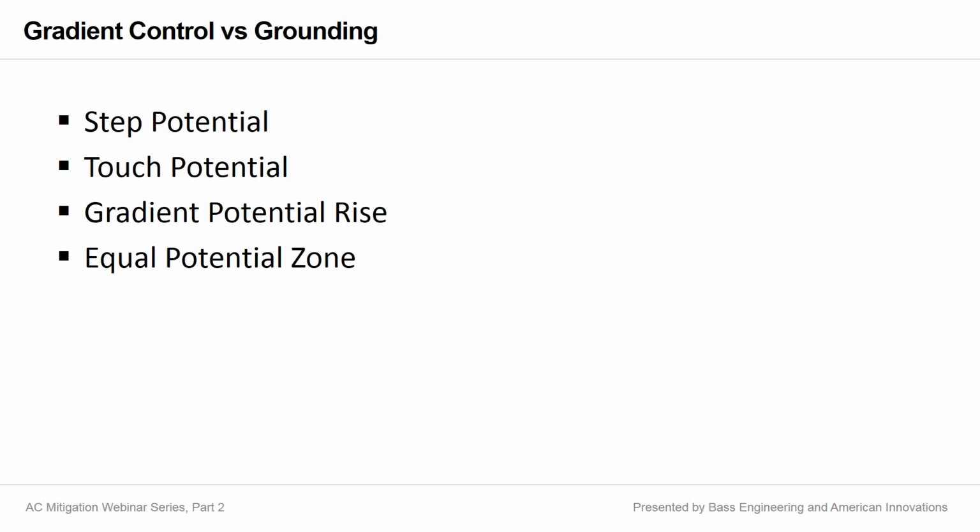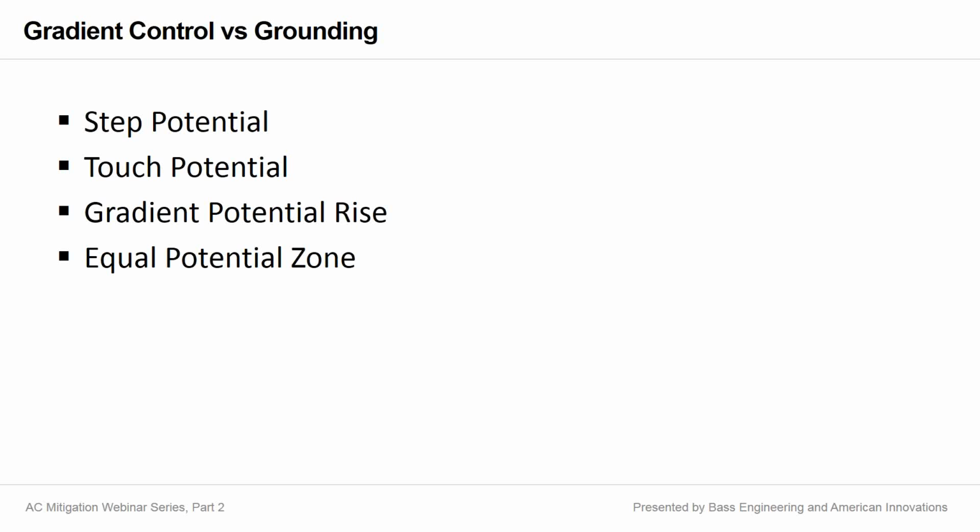Let's talk for just a minute about the difference in gradient control and grounding. To many of us, those kind of sound like the same thing, but they're not. Gradient control is very different from grounding, and maybe just analytical engineers get excited about that, but it is important that you understand the difference so that you can correctly apply the various tools that we have at our disposal.